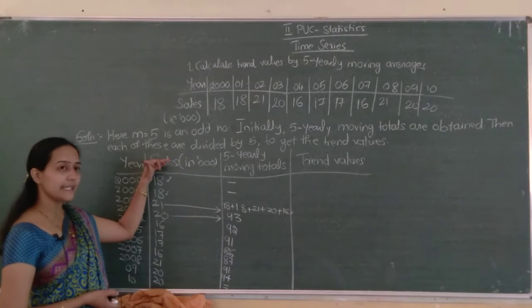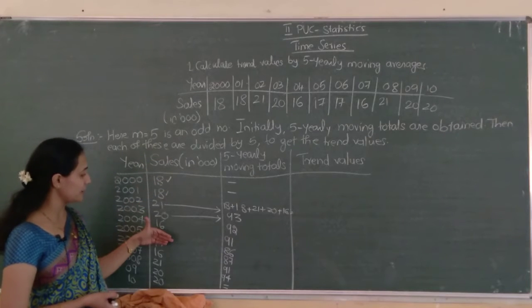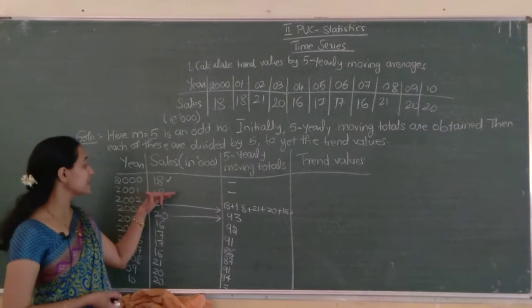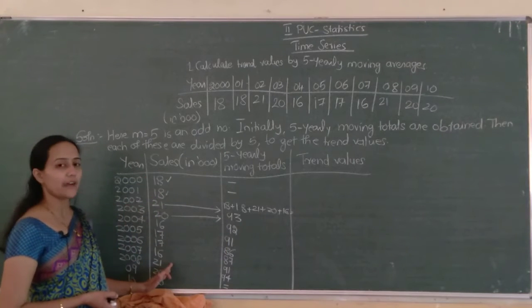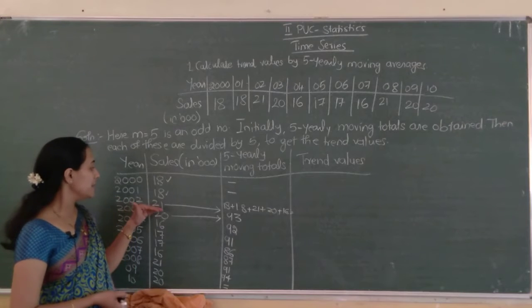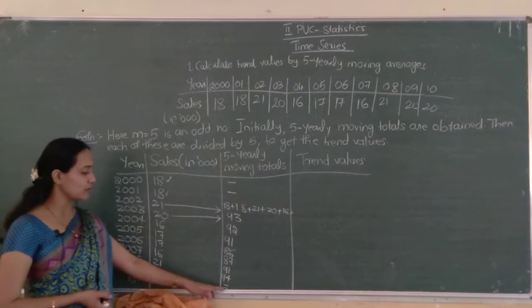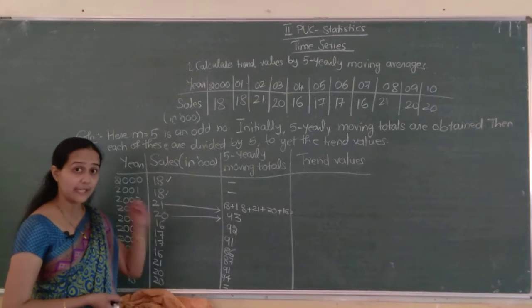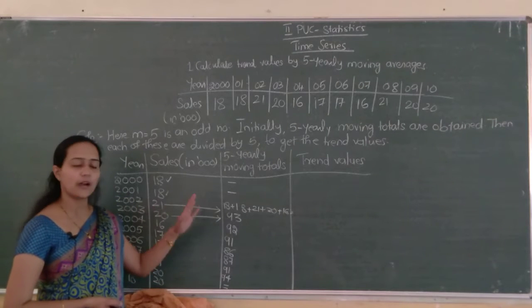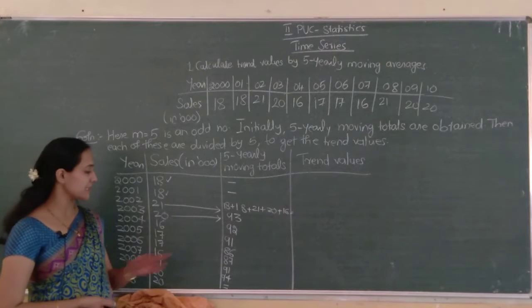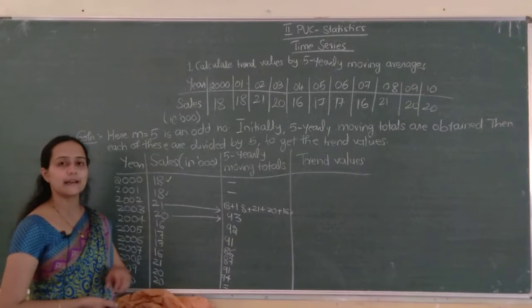Next leave 18, the first observation, next 5, right in the middlemost, that is 92. Next leave the second one, next 5. Like that you have to do. As soon as fewer than 5 observations remain, you have to stop. So there won't be trend values and moving totals for the first 2 and last 2.